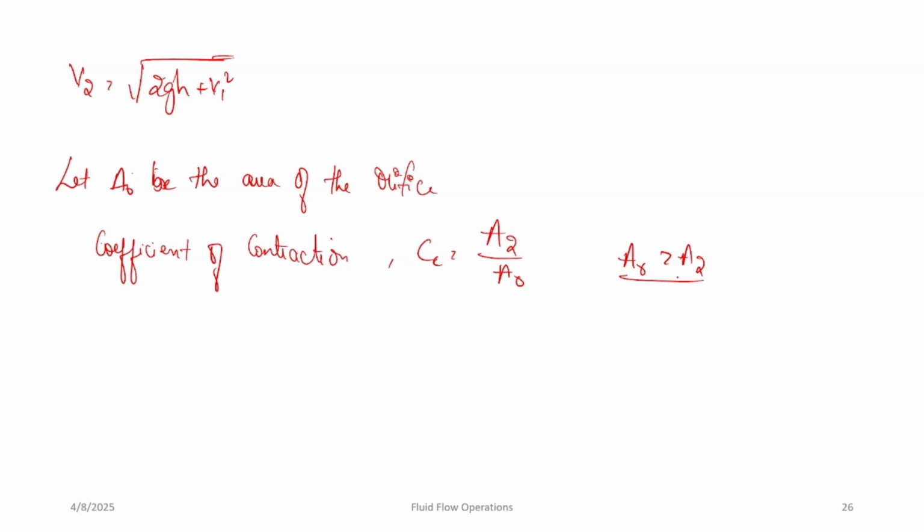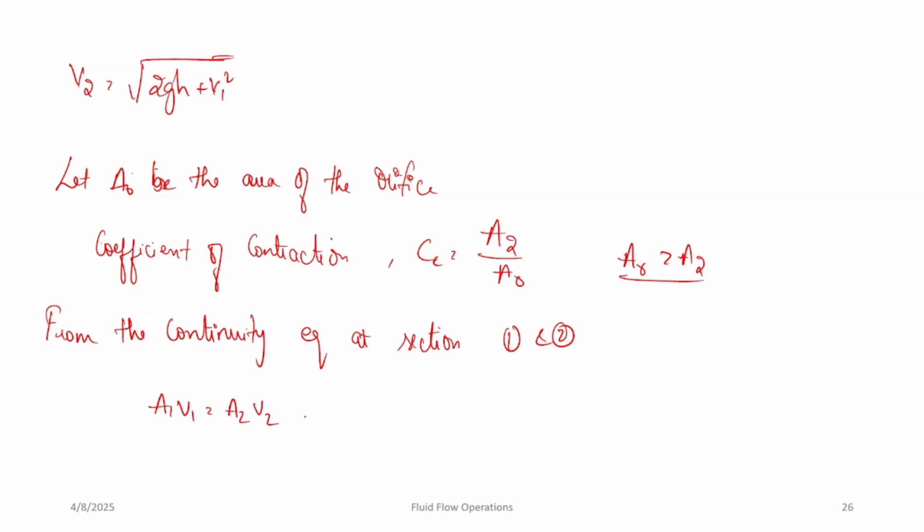So again from continuity equation, by applying it at section 1 and 2, we can write A1 V1 is equal to A2 V2, right? So we can write V1 as CC into A naught into V2 by A1. Okay, so just use this equation.